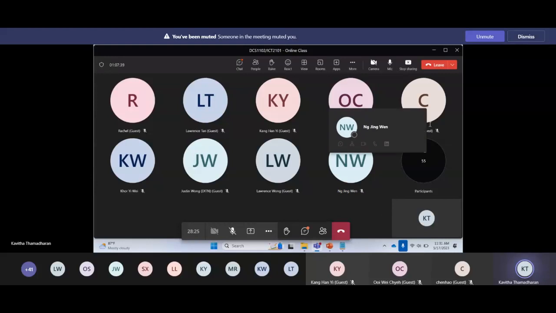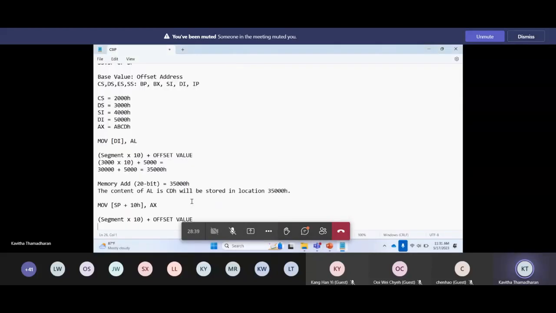Ang Jingwen? Can you hear me? Ang Jingwen? Yes. Can you tell me what segment pairs with the stack pointer?